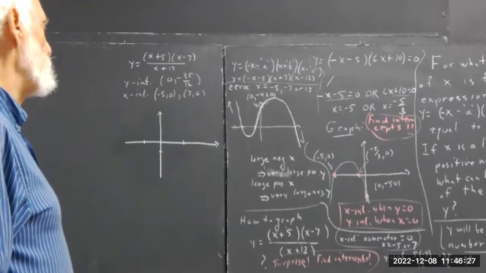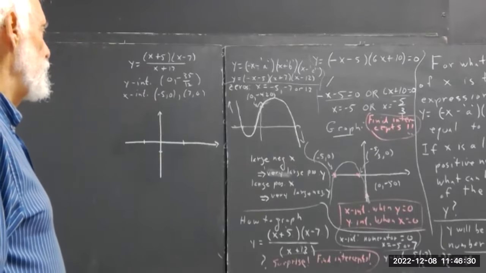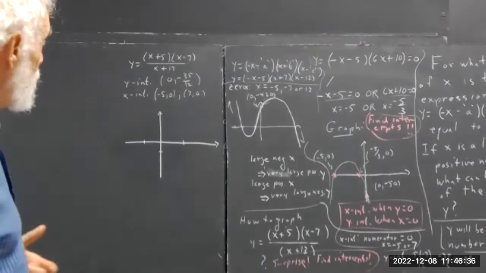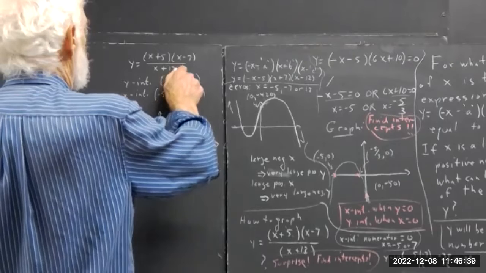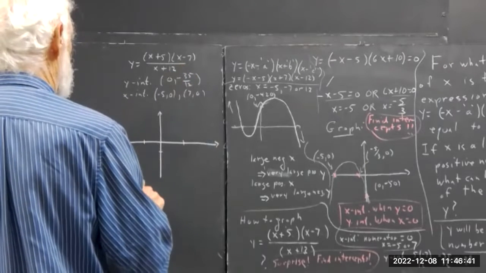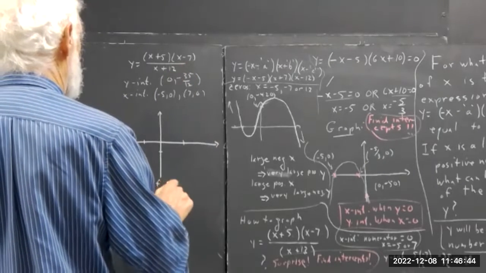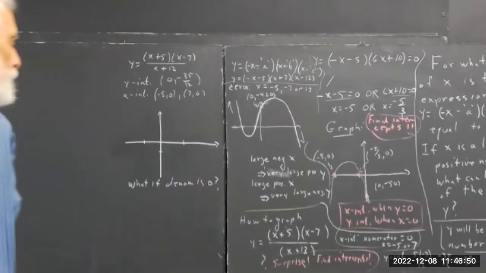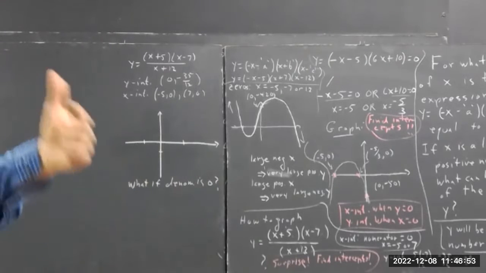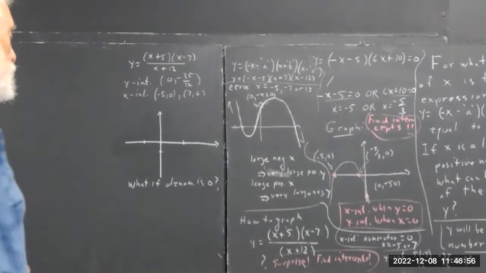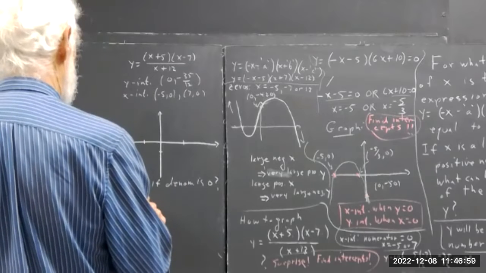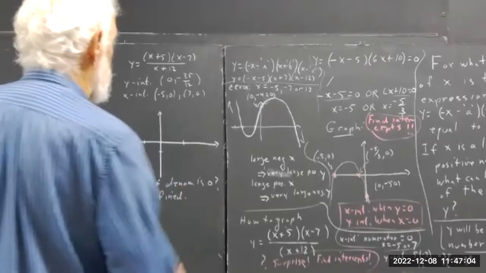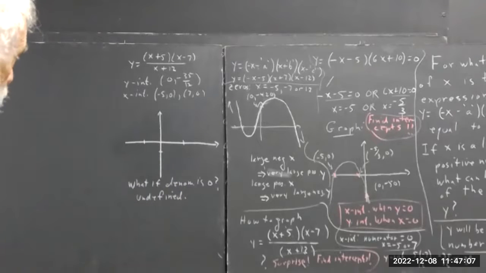Now, what else can we tell about this graph? Well, what happens if the denominator is 0? Okay, well, if the denominator is 0, it's undefined.